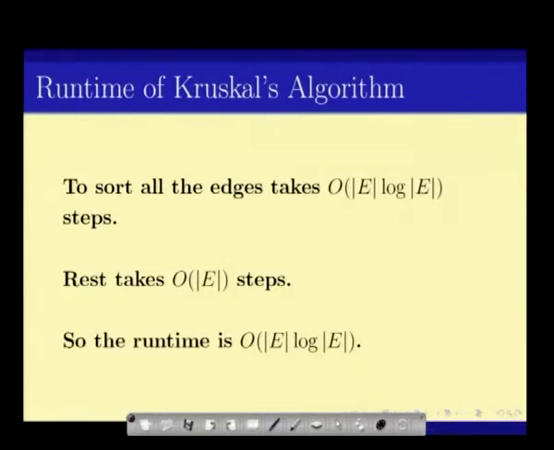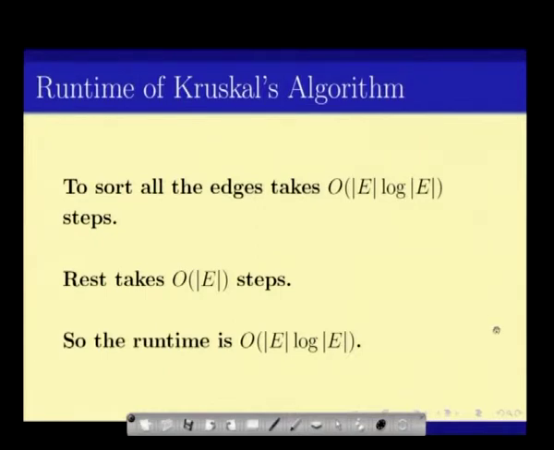Anyways, we saw this proof in the last lecture, and we have seen that the algorithm takes order e log e steps. The main amount of time required is in sorting the set of edges in ascending order, which takes order e log e.